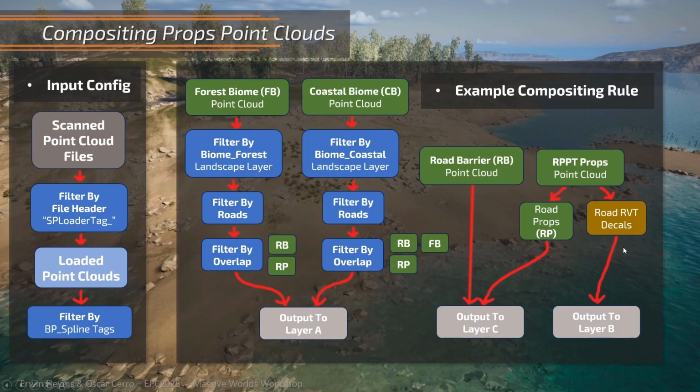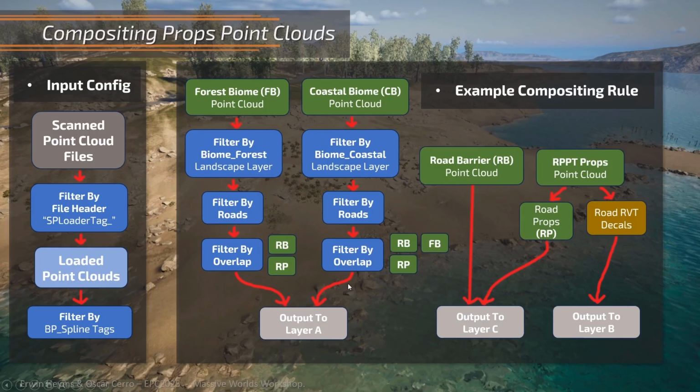We're going to ignore decals because decals don't really call out anything, right? So the idea is that the forest biome is going to get called out by road barriers and by road props. Because if we ever have a road barrier or a power line or something somewhere, those probably should take precedence. So the trees and the bushes and whatnot that are in the way and intersecting them will be culled.